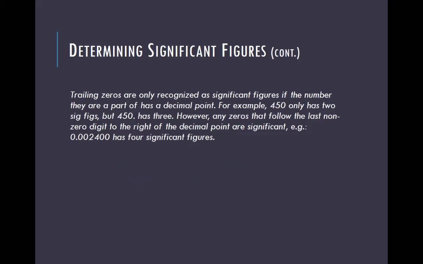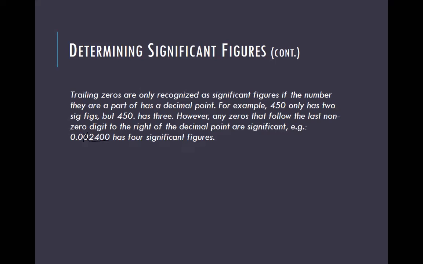However, any zeros that follow the last non-zero digit to the right of the decimal point are significant. So if we do 0.002400, we have significant digits on the right that are zeros. If we take a look at this number, these numbers are significant.